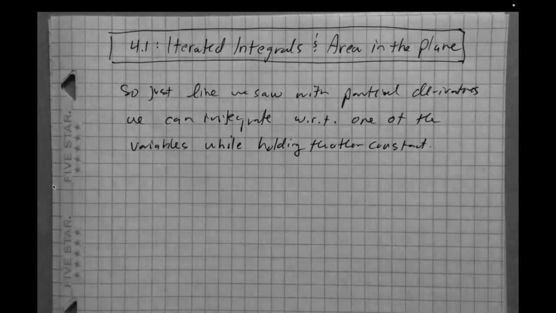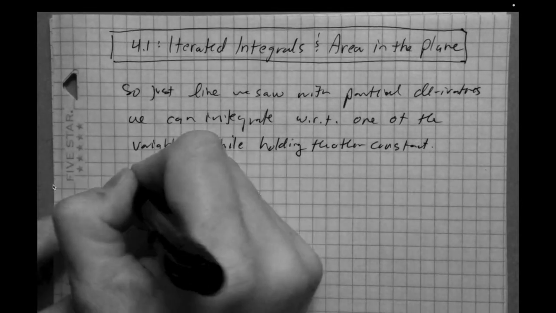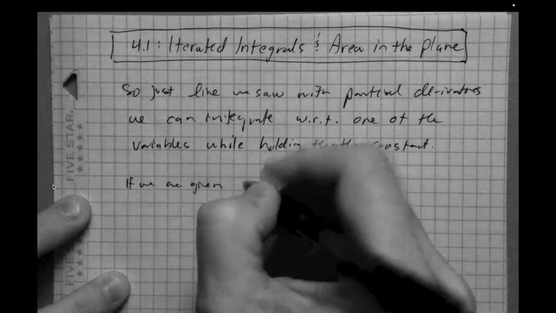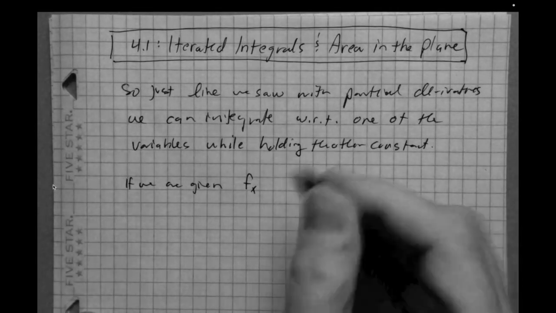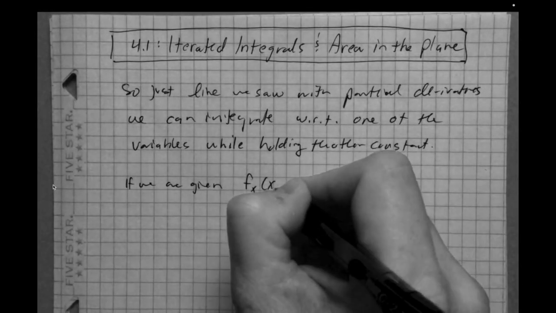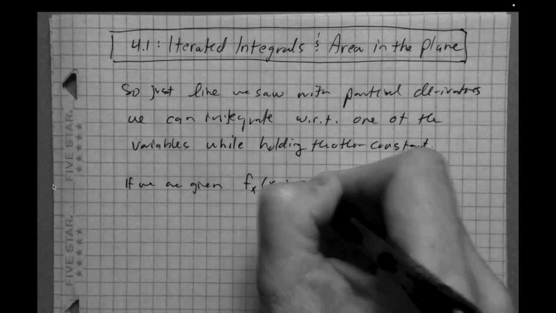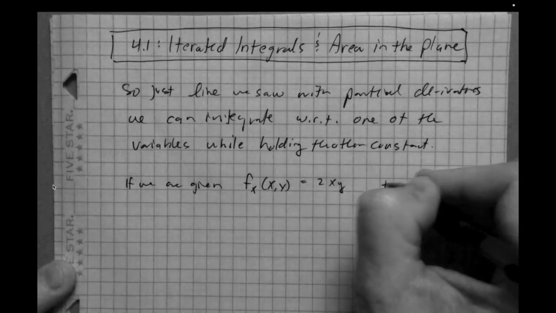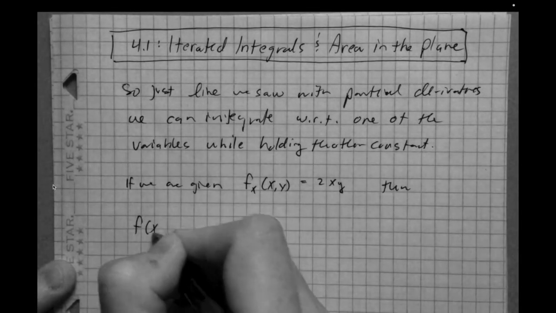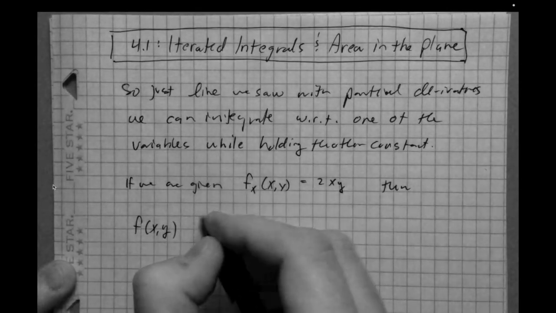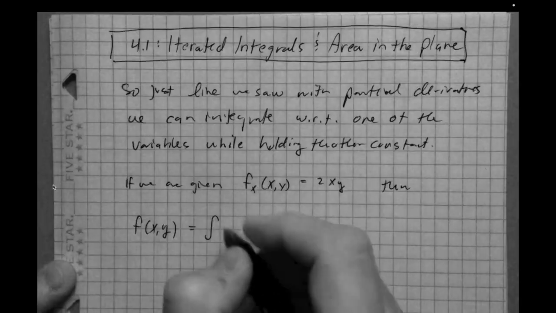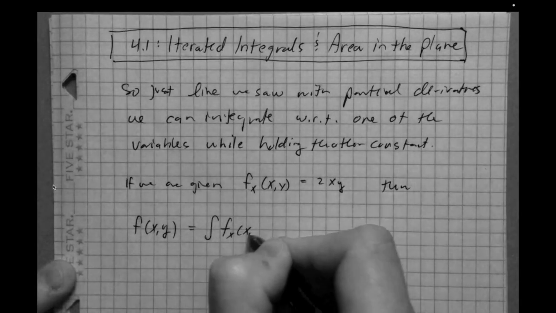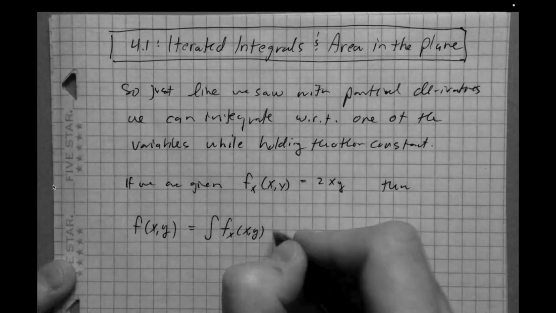Let's see. If we're given a partial derivative, f sub x of (x, y), just a simple one, 2xy. This is the partial derivative of some function f, differentiated with respect to x. If we're given this, then the full function f of (x, y) is equal to the integral of the partial derivative, integrated with respect to x.